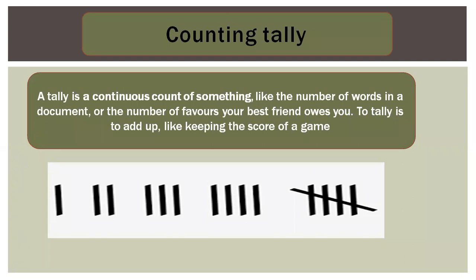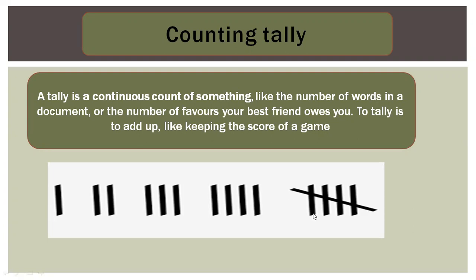And how can we count in tally, boys? With the help of lines. So one line tells us it is 1. 3 lines mean 3. 4 lines mean 4. And the 5th line is going to cut.